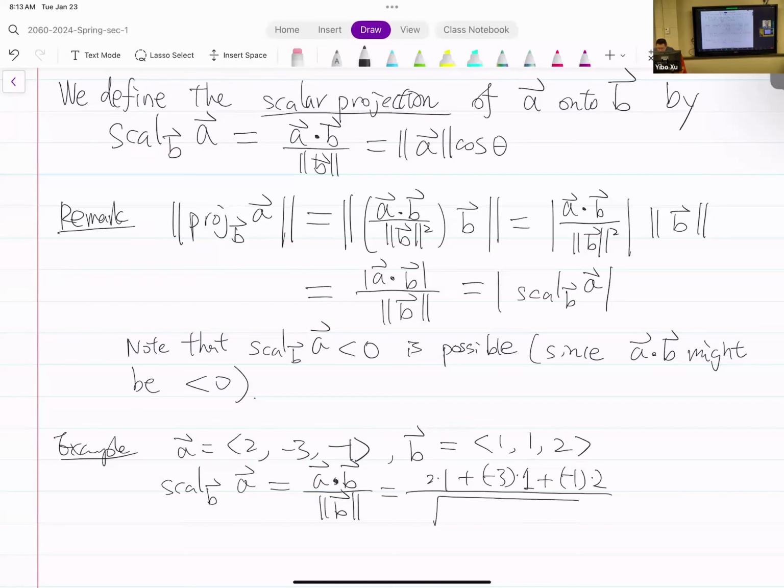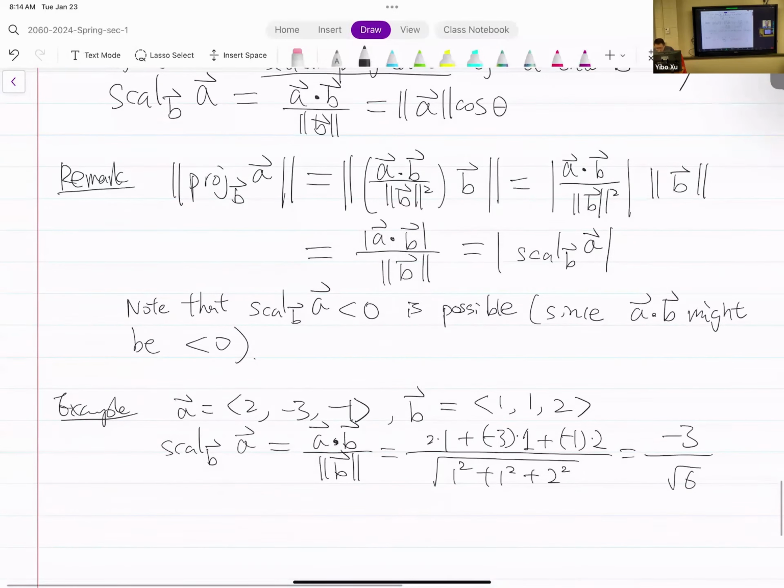The magnitude of B is the square root of the components of B squared. The calculation is straightforward: 2 minus 3 minus 2 is -3, and the square root is of 1 plus 1 plus 4, which is 6. In this situation, you don't really have to simplify.